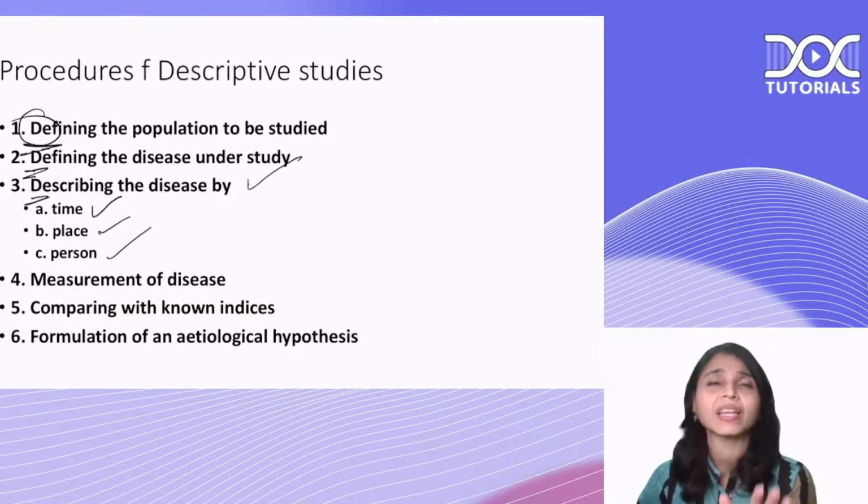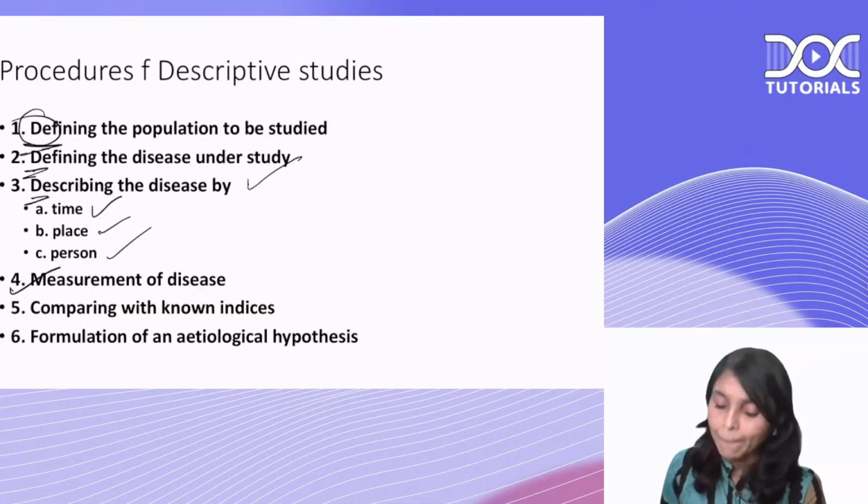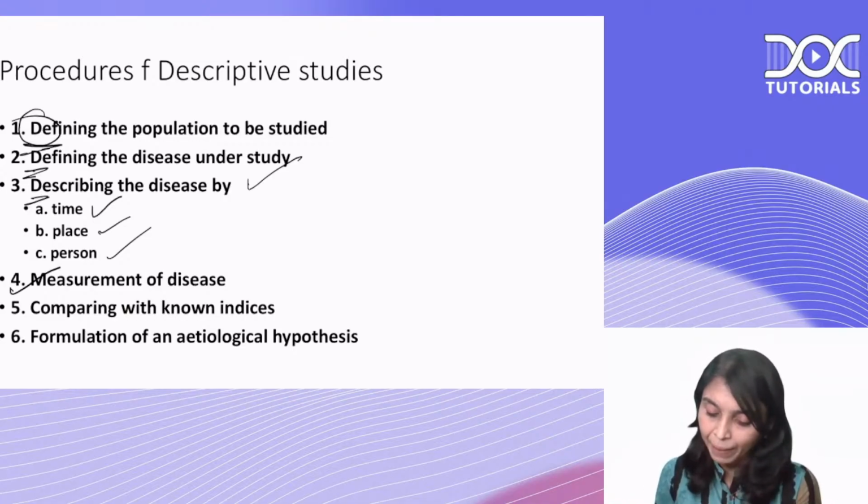Not going into those details. Like I said, how many are males, how many are females, where they were residing. Then you measure the disease in terms of numbers. Then compare it with the non-index group and then you formulate an etiological hypothesis.